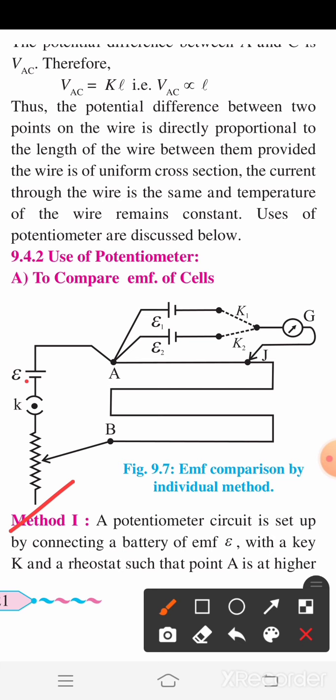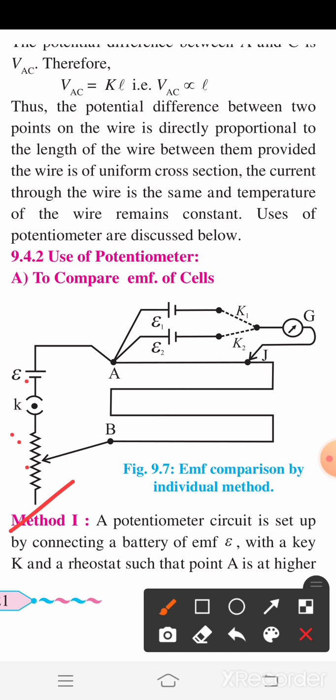We'll study this using the circuit diagram, figure number 9.7, EMF comparison by individual cell method. So what is the construction of this comparison of EMF of cells using the individual cell method?